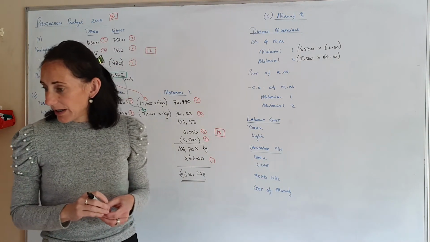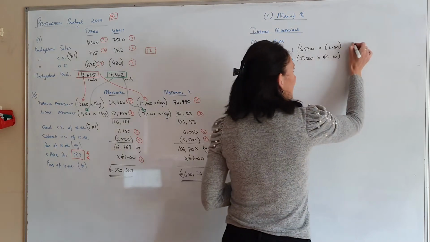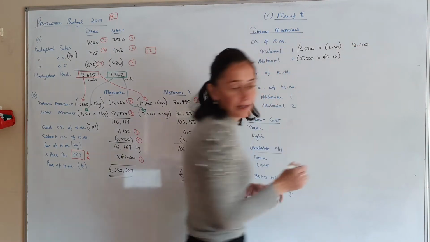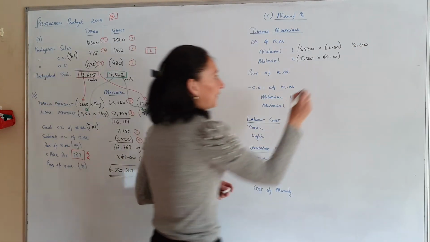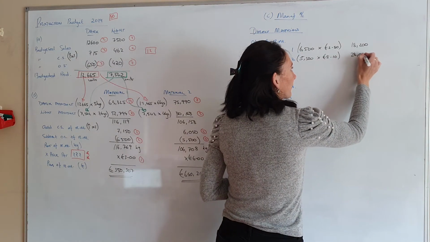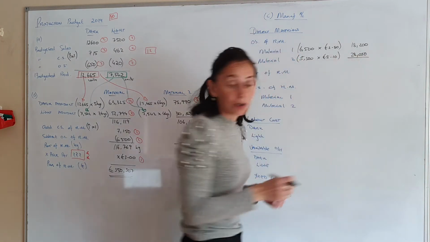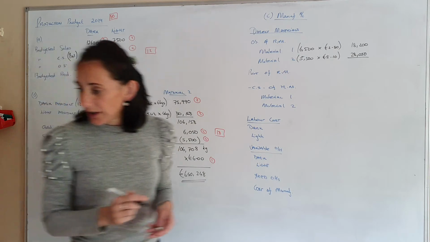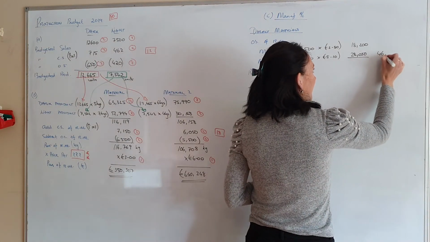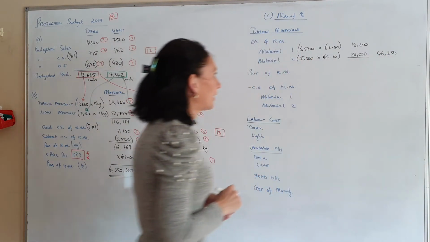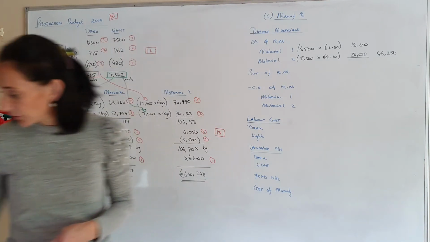So your materials is 18,200 for this. And the second one is 28,050. So your total opening stock to start off with, the two of them together, is 46,250.